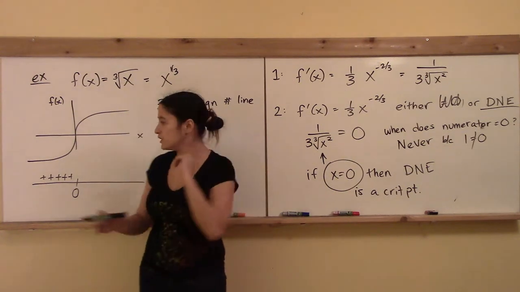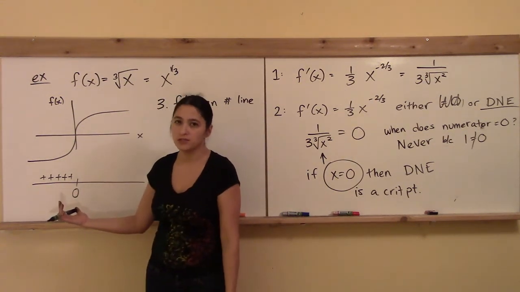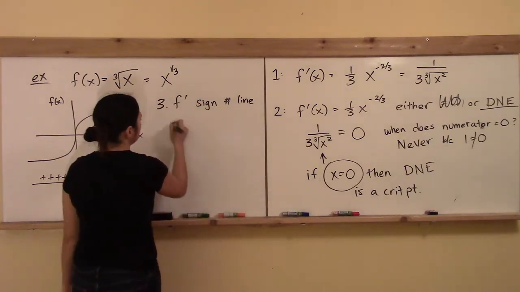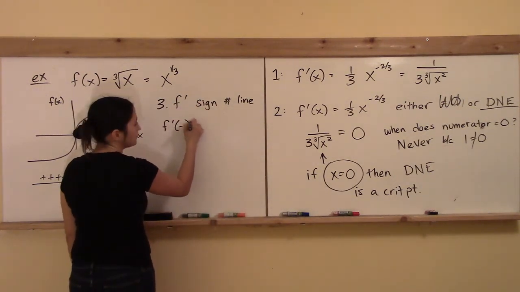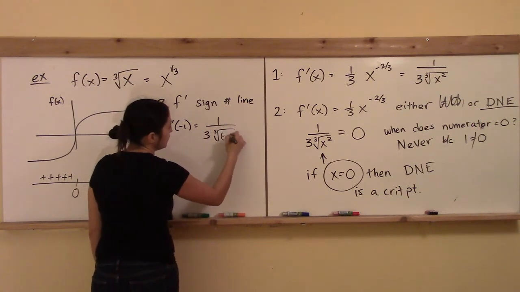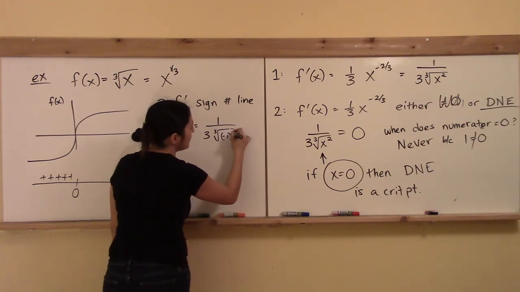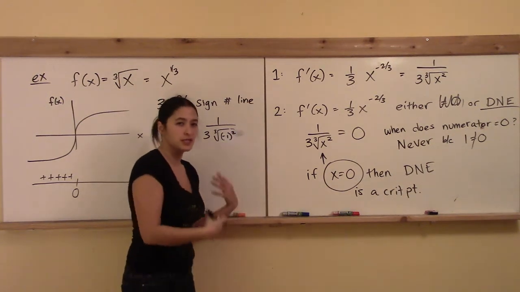What's a good test point to use for this region? X equals -1? Yeah, sure, why not? So let's try to get the f prime of the number -1. That's 1 over 3 cube root of the number -1 squared. Remember, you can cube root negative numbers. They come out negative.